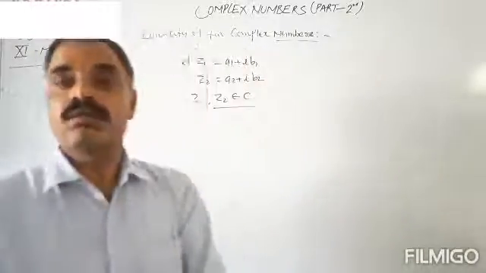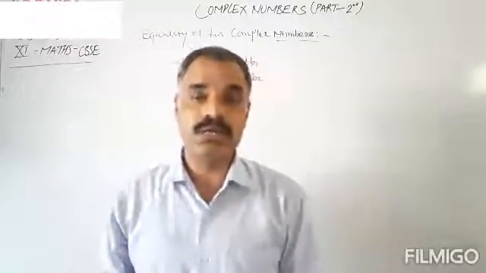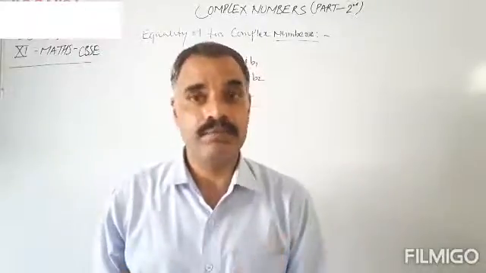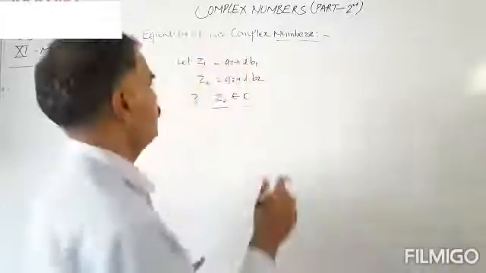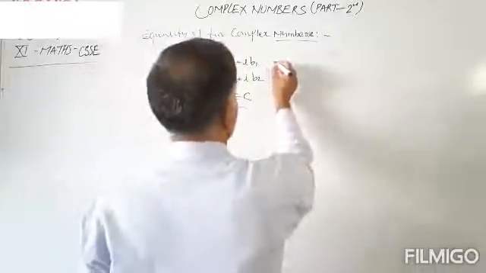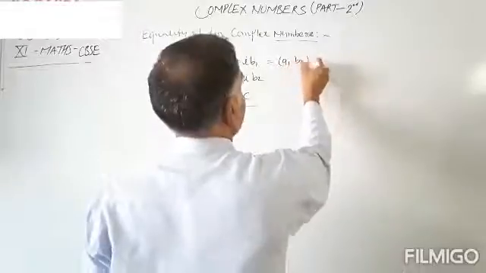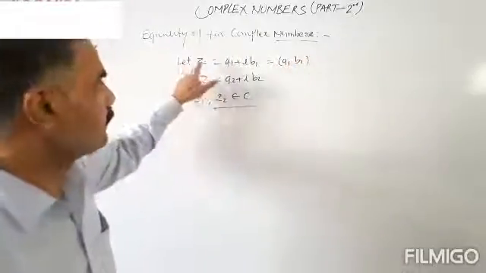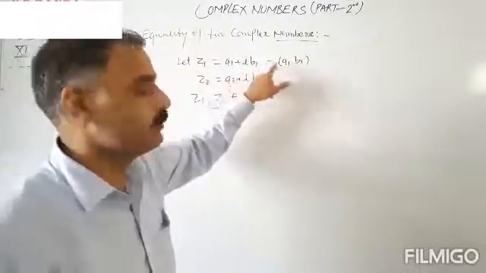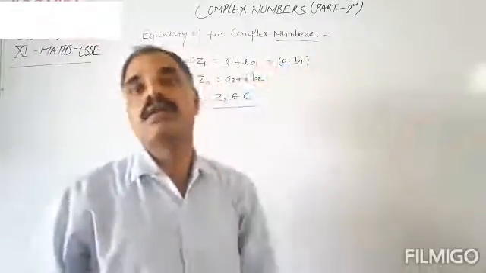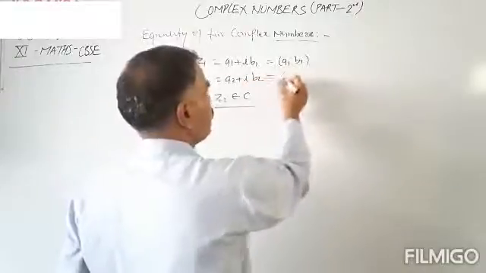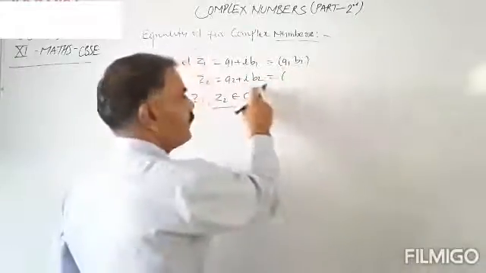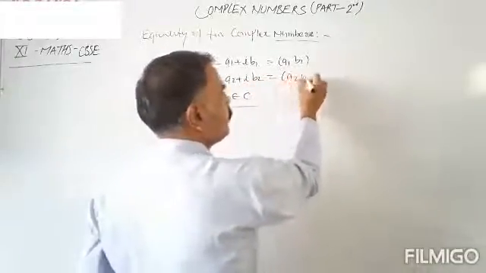First of all, we should know that a complex number can be put in the form of an ordered pair. The complex number a1 plus iota b1 can be put in the ordered pair (a1, b1). Similarly, z2 can also be put in the ordered pair (a2, b2).